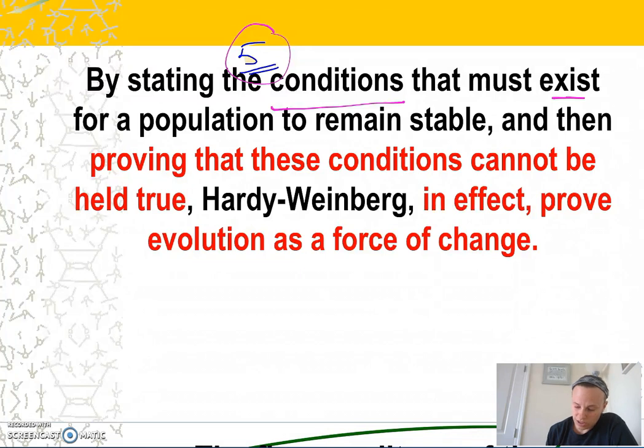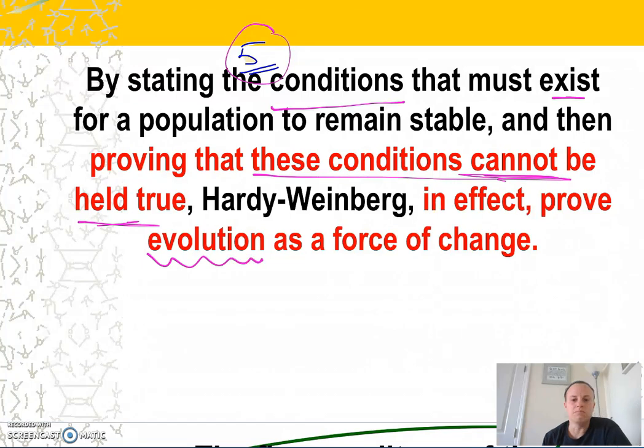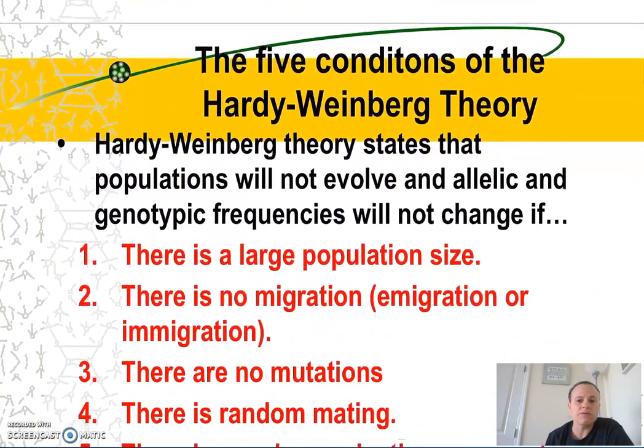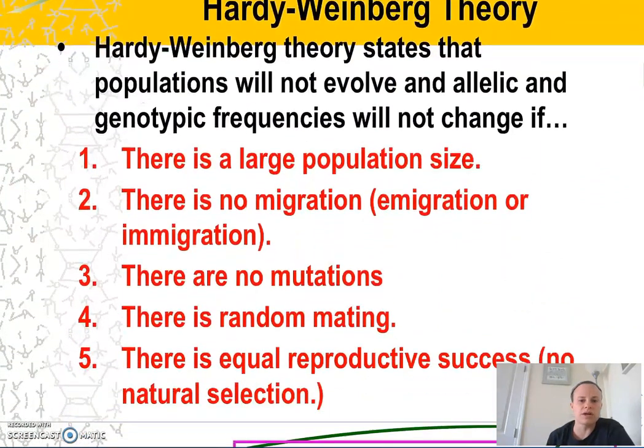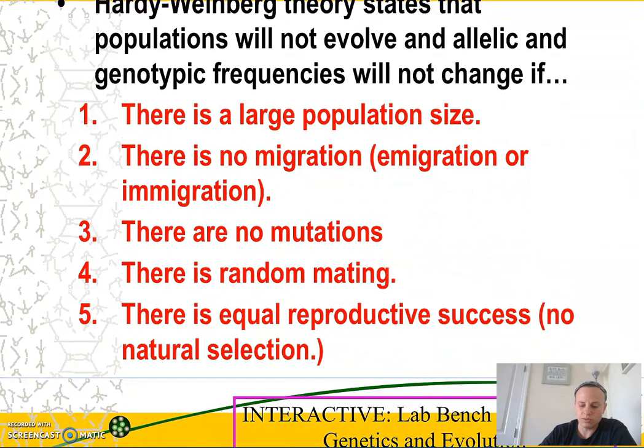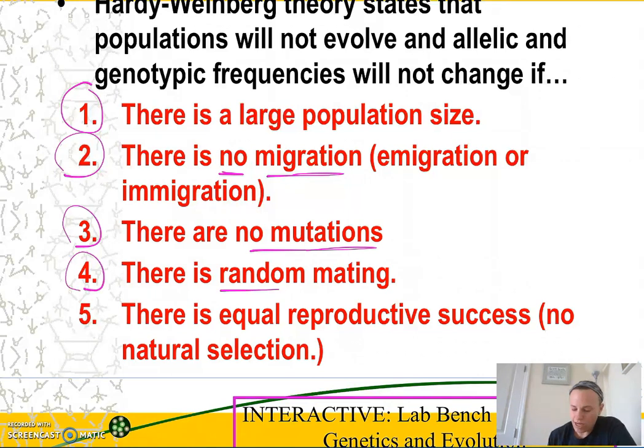So if these conditions cannot be held true, then evolution must be the force of change. So what are these 5 conditions? Well, the 5 conditions of the Hardy-Weinberg theory are that there is a large population size, that there is no migration, meaning there's no movement in or out, that there are no mutations, that there is random mating, meaning that mates do not pick one another, and lastly, that there is equal reproductive success.